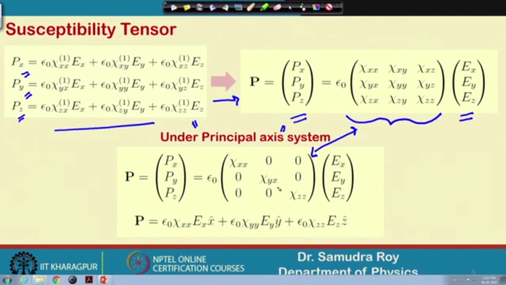If a matrix is given to you, you can find out the eigenvalues of this given matrix. So, the eigenvalues are the diagonal elements. That is one way to understand that I can diagonalize a matrix, and when I diagonalize the matrix, the quantities sitting on the diagonal are nothing but the eigenvalues.